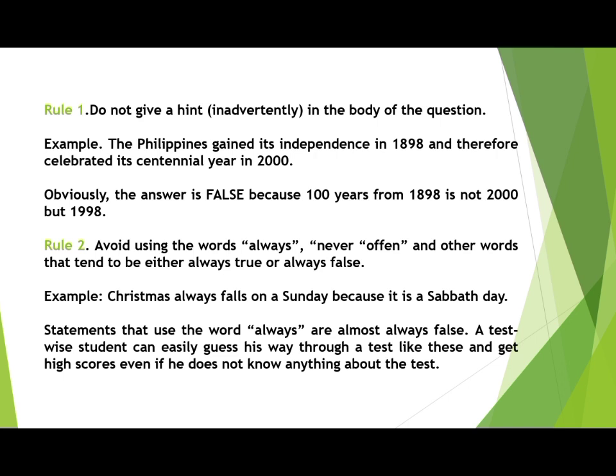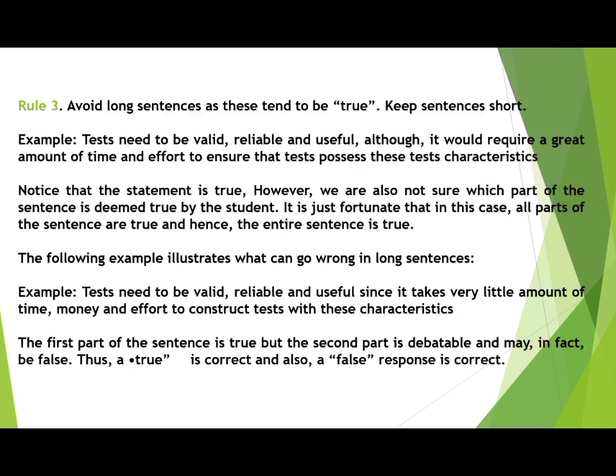Hindi man permi ang Christmas sa Sunday, kay every year hindi man pareho ang calendar. So, gaka-come up na siya sa false nga answer. So, amo na siya dapat nga hindi pagamiton ang mga words always, never, often. Amo na siya ang rule number 2.